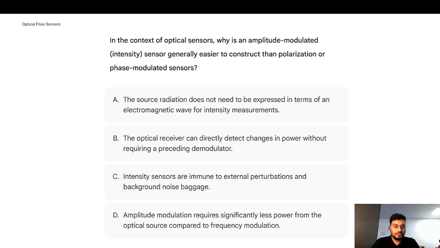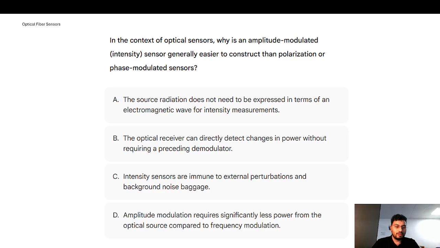Okay. So first question is, in the context of optical sensors, why is an amplitude modulated, intensity modulated sensor generally easier to construct than polarization or phase modulated sensors? First option is, the source radiation does not need to be expressed in terms of an electromagnetic wave for intensity measurements.